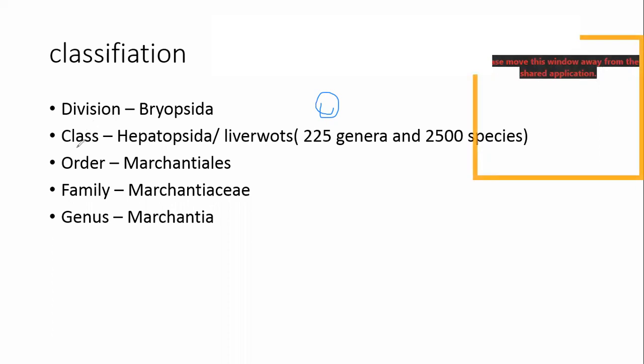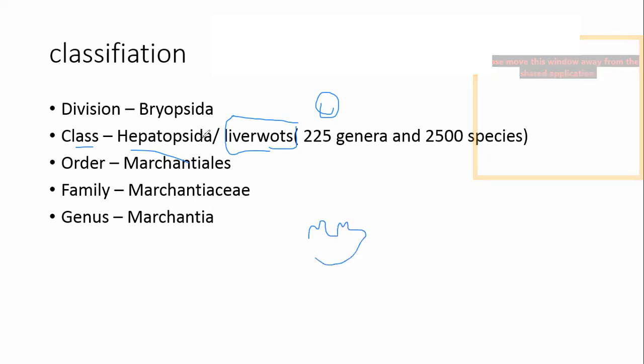Under bryophytes, they come under the class Hepaticopsida. Hepaticopsida are usually considered as liverworts because the plants which come under Hepaticopsida are liver shaped. So these are called liverworts.